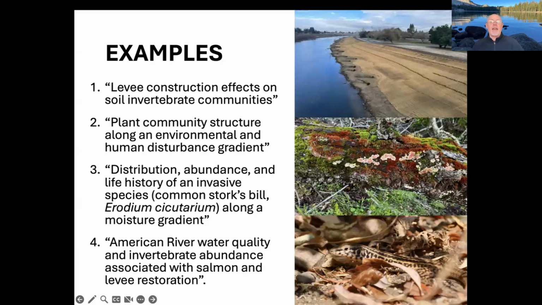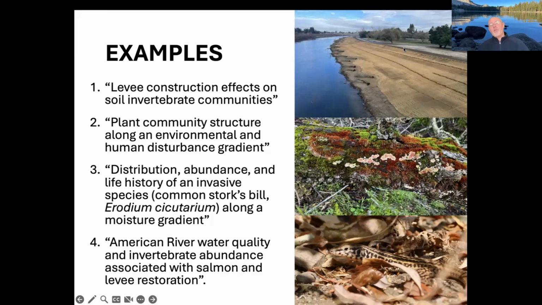All right, here are just some examples. The FMN was in the fall and I implemented this in the spring. Here's an example of some projects. You can see in the upper right-hand picture, it just so happens that they were doing work on the levee right across the river from our campus, building it up. Levee construction had just finished.